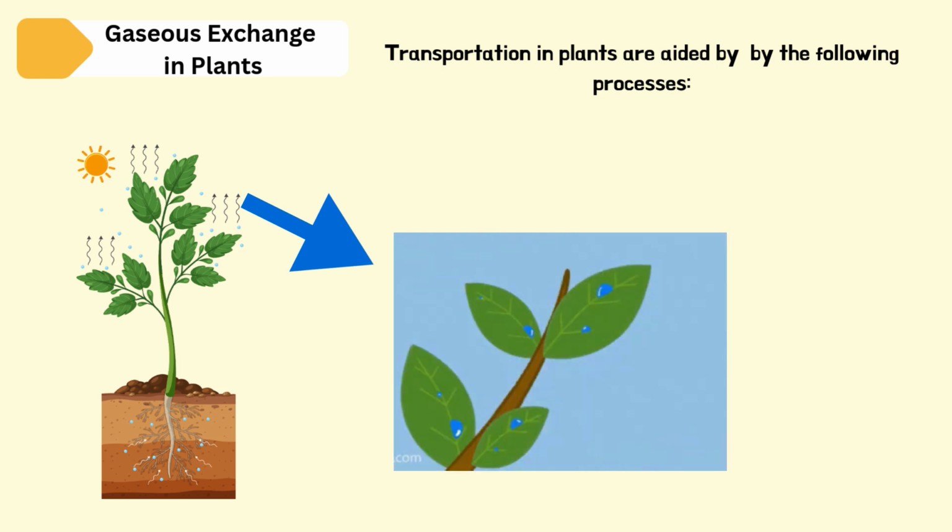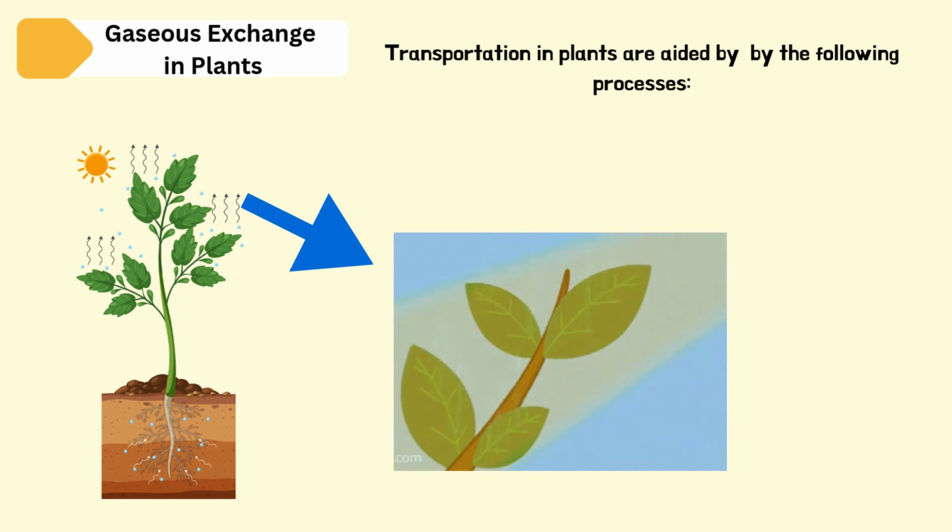Due to the difference in concentration gradient, oxygen is taken in through the stomata and lenticels, especially during the night, and carbon dioxide and water vapor are given out. But during the day, when photosynthesis is going on, oxygen and water vapor from photosynthesis diffuse out to the exterior through the stomata and the lenticels.